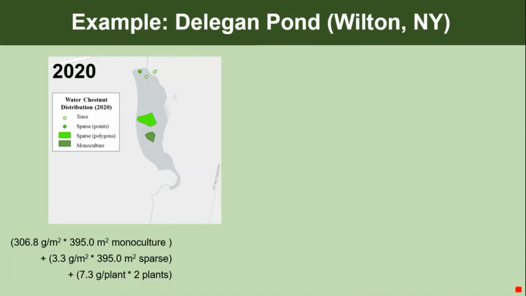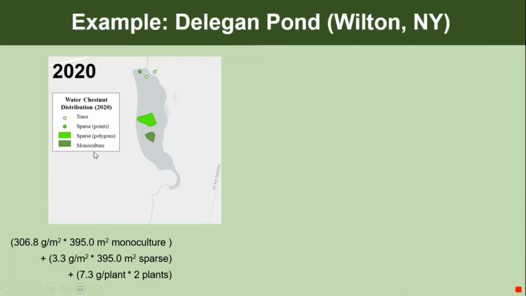And so you don't have to pay attention to those numbers, but what's happening here is there was a biomass study where we got an average biomass for a square meter of each of these different distribution classes. And so since we have that from a field study last year, we can estimate the biomass in any patch as long as we have the area of that patch and the distribution class.